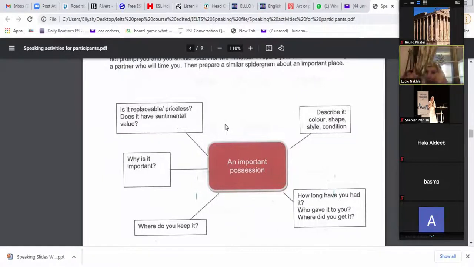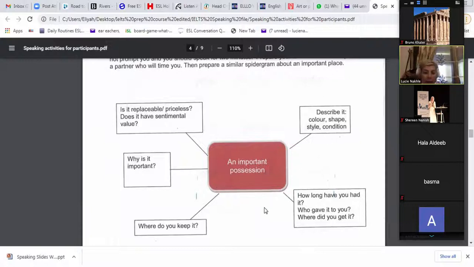So I have 1 minute, and I've got these bullet points. What does it look like? For example, how long did you have it for? Why is it important? And where do you keep it? Now if you look into the spidergram, you will see that there are many questions here, whereas in the actual test, you will only get 4 prompts.